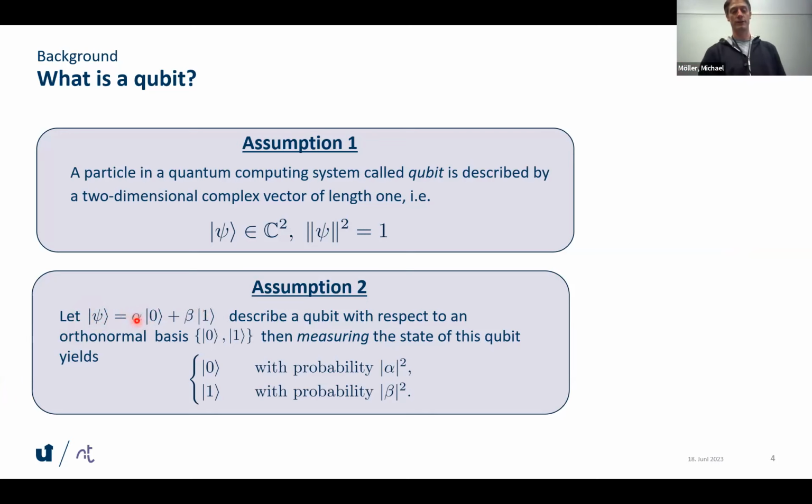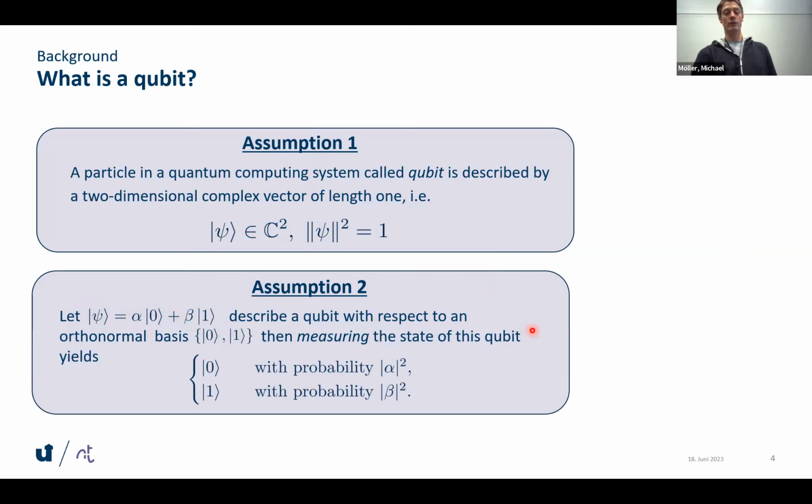So this is why I've written alpha |0>. This |0> just stands for one basis vector that we could identify with the state being 0, plus beta |1>. These |0> and |1> are also vectors in C^2, and are normalized and orthogonal.